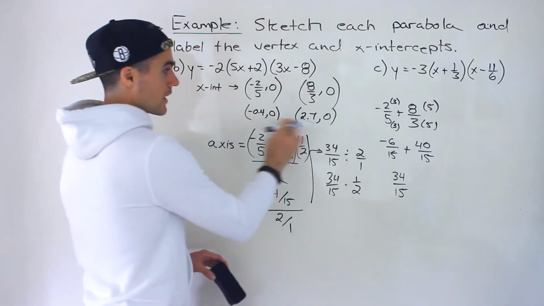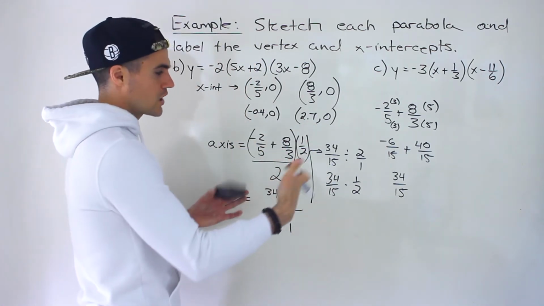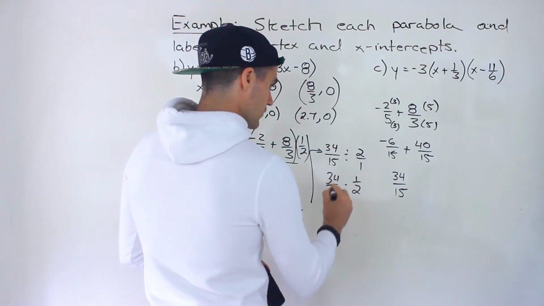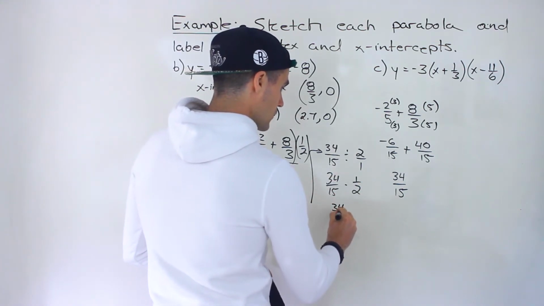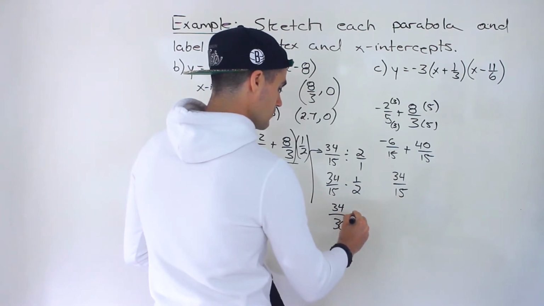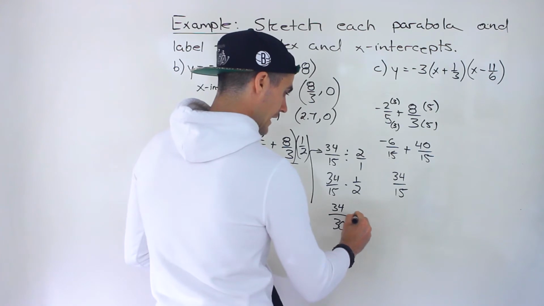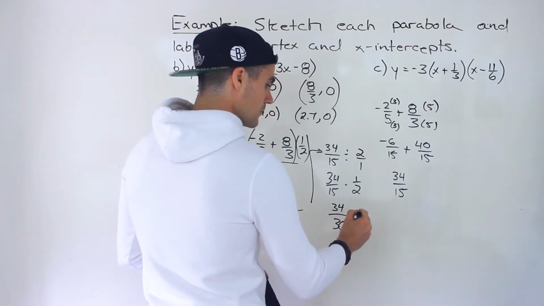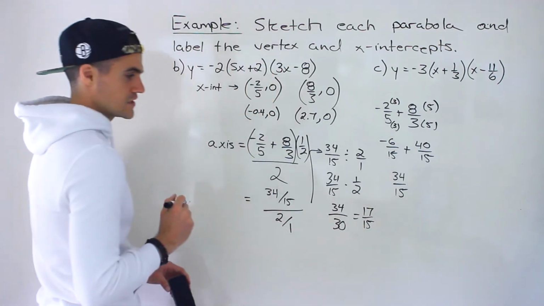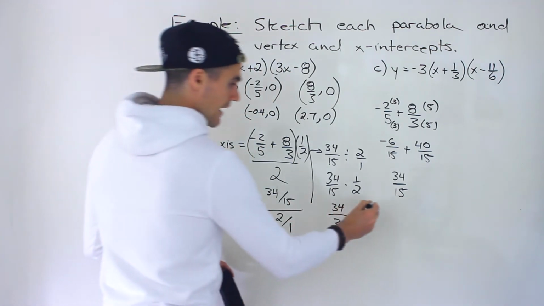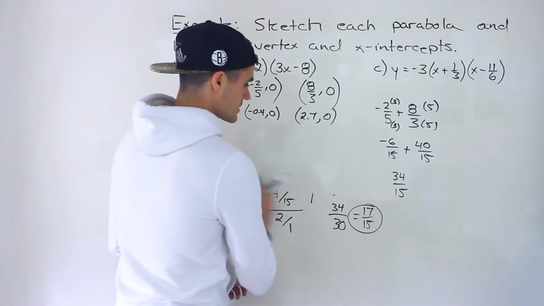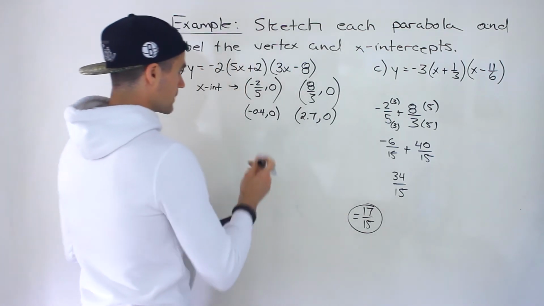And that's why keeping track of these decimals is helpful, because you could check your answers along the way fairly quickly. So what we'd end up with here, 34 times 1 gives us 34, 15 times 2 would give us 30, and then we could divide both the numerator and denominator by 2, so we'd get 17 over 15, like that. So that right there ends up being the axis of symmetry.